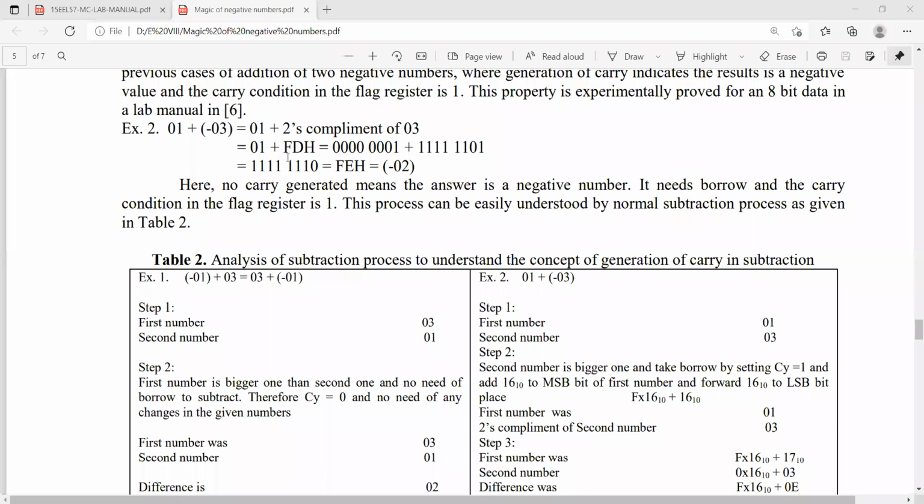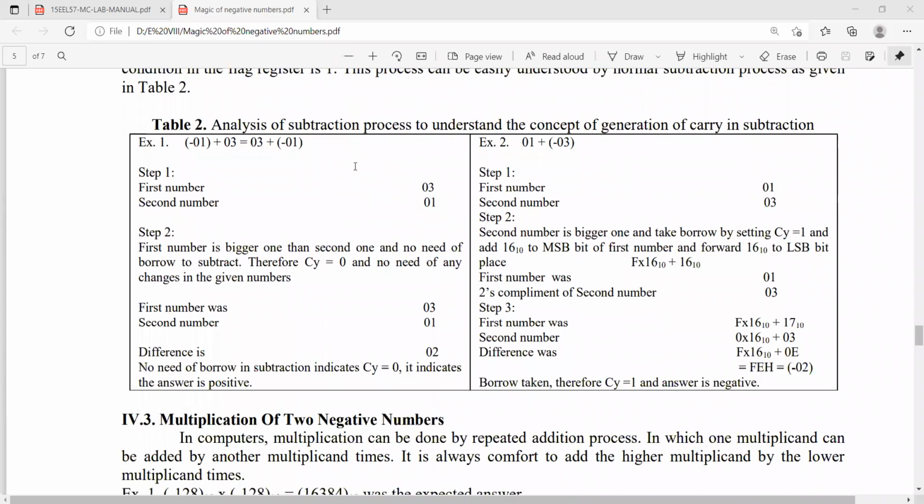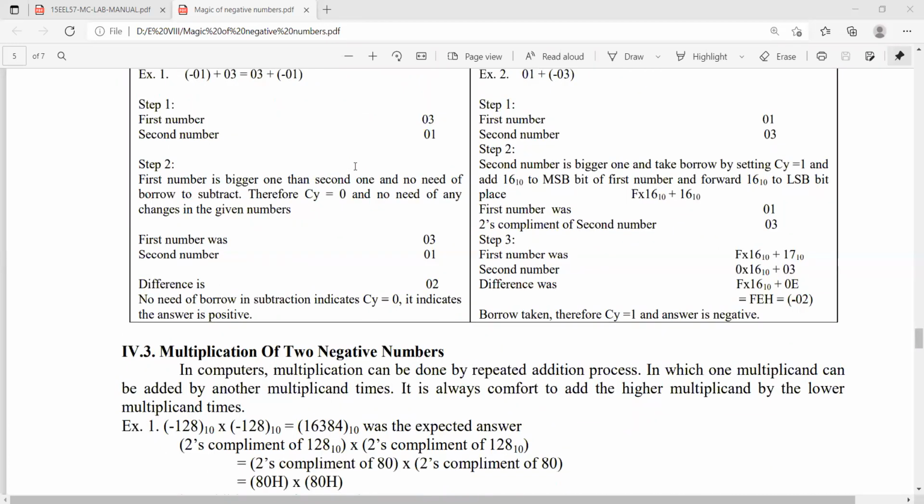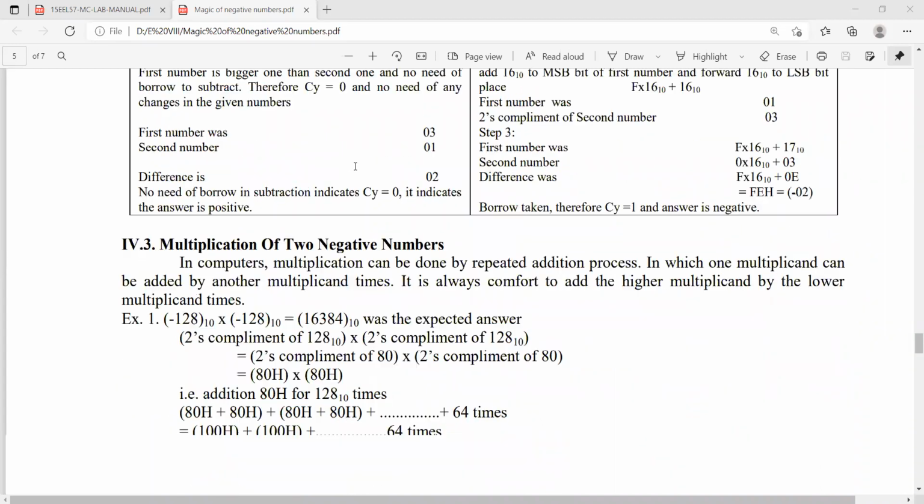So subtraction is nothing but addition of the 2's complement numbers. For example, 2 minus 5 means that 5 we write into its 2's complement value, and the 2's complement value is added to the first number. So that is the general concept. Everywhere, if there is a negative number, you have to write it in the 2's complement format only.